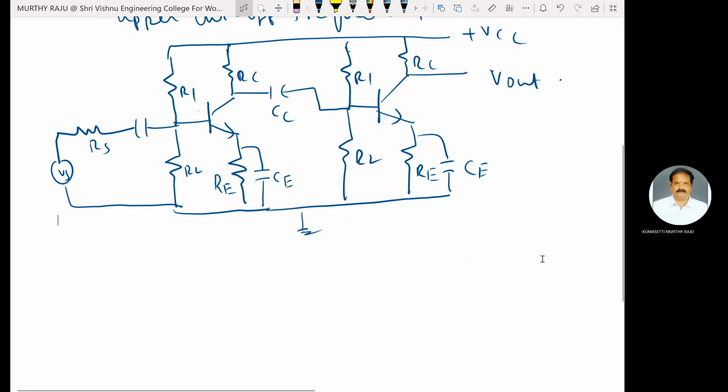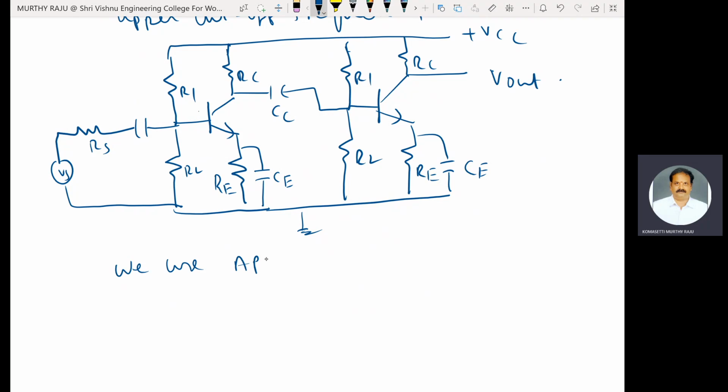First of all, you have to replace this two-stage RC coupled amplifier circuit diagram with the H parameter model. For stage 1, the approximated H parameter model is used to replace the above circuit.